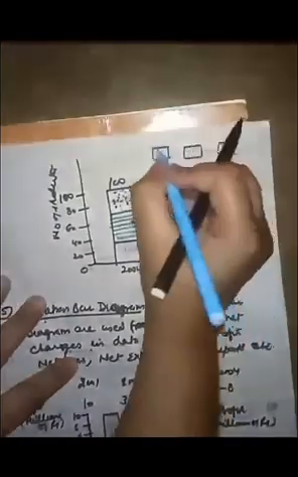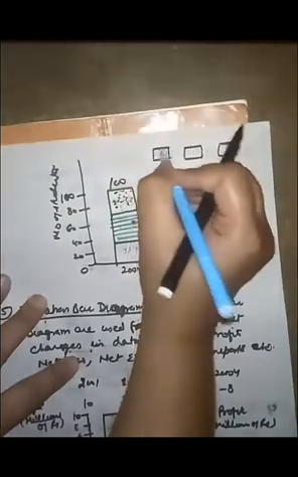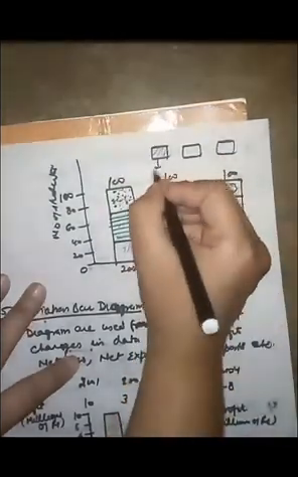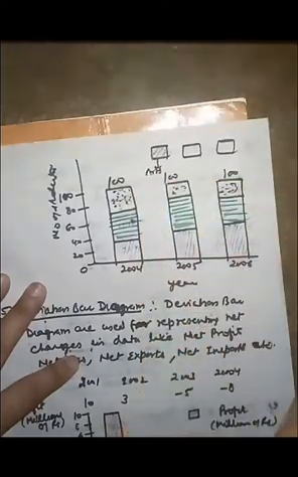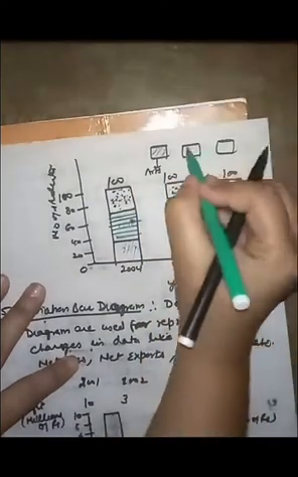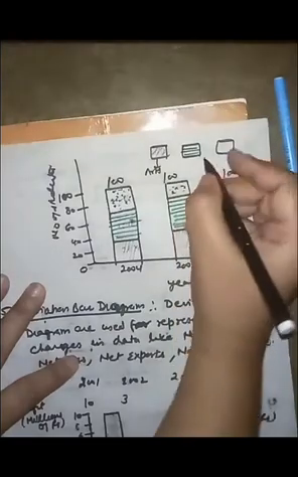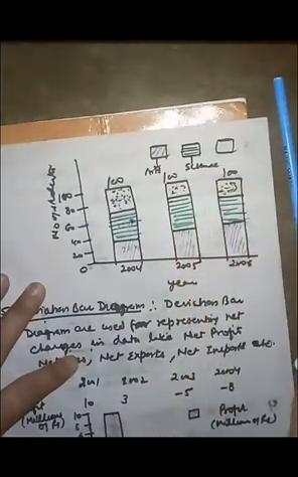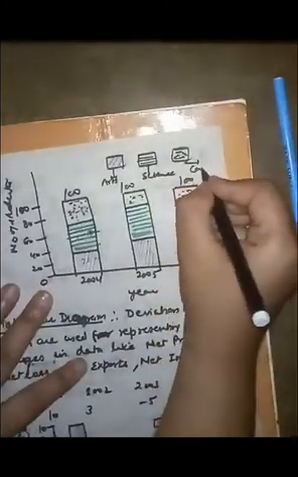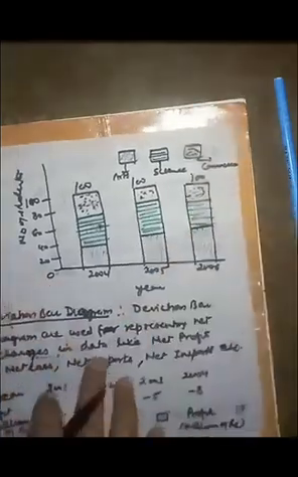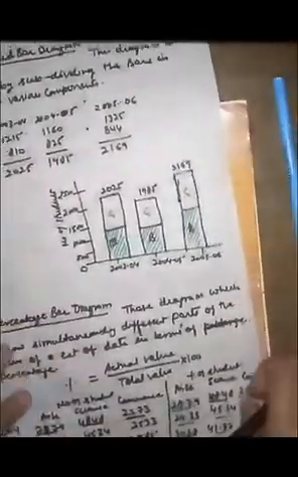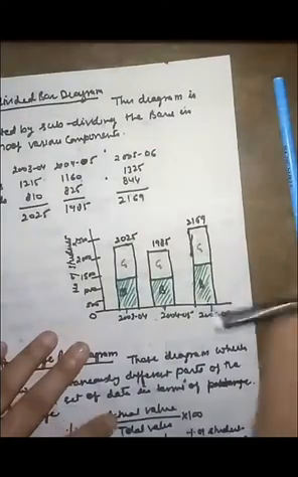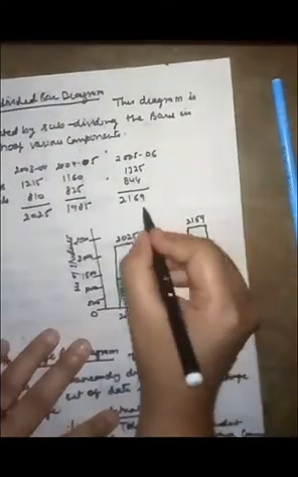This blue one shows the arts, and the green one, this type of lines shows the science, and if you take this form, this shows the commerce percentage. And the same in a subdivided bar diagram, you show this indication.